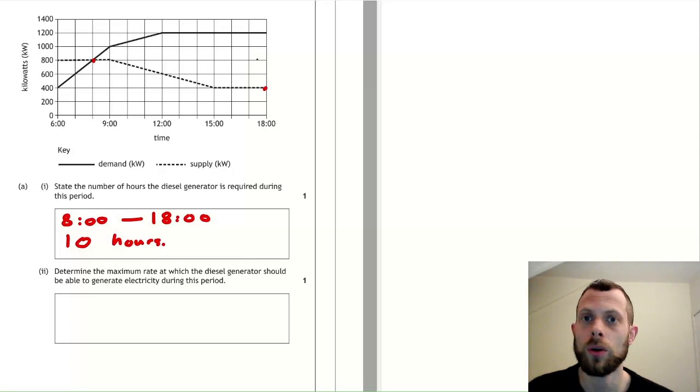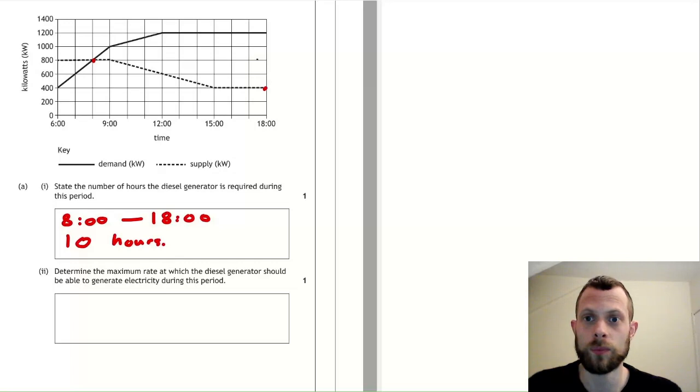In part 2, it says find the maximum rate at which the diesel generator should be able to generate electricity. Remember that power generation is itself a rate, so the amount in kilowatts is a rate. So all we are doing simply is seeing by how much the demand exceeds the supply.